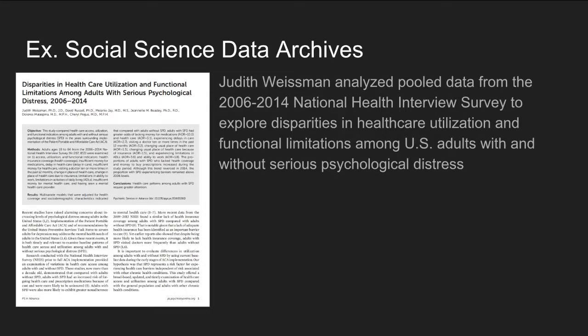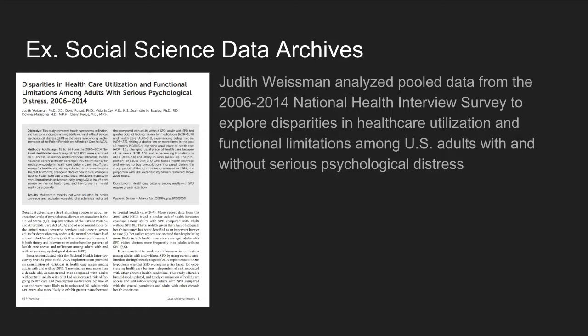My colleague Judith Weissman developed a creative way to use one of these data archives, and she pooled 9 years of data from the National Health Interview Survey between 2006 and 2014. This is a large national health survey of Americans.